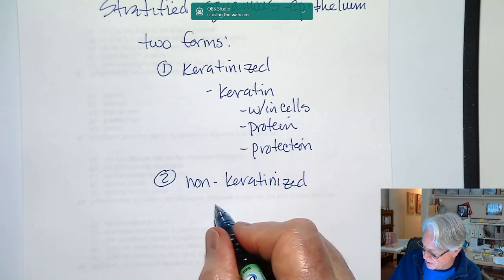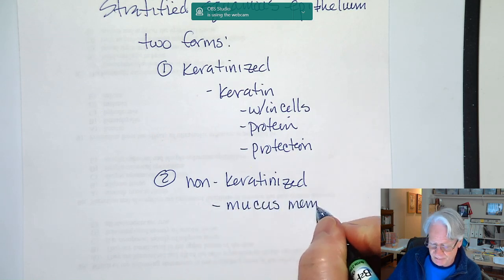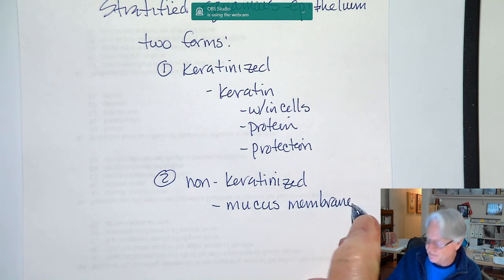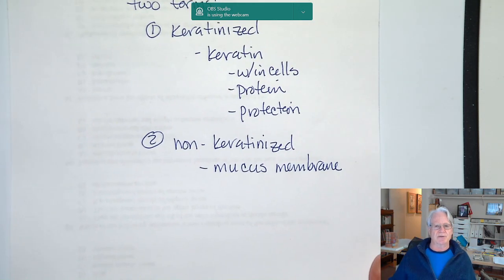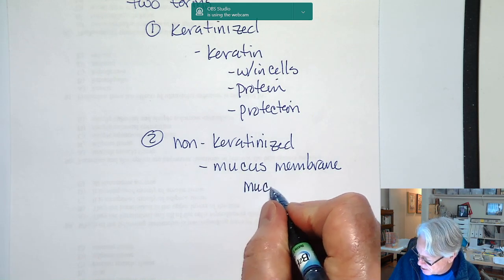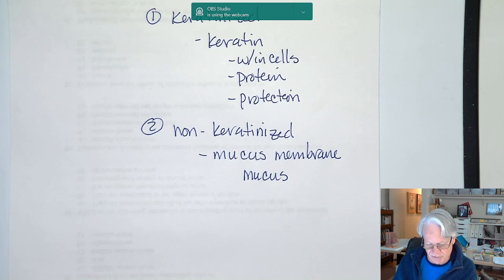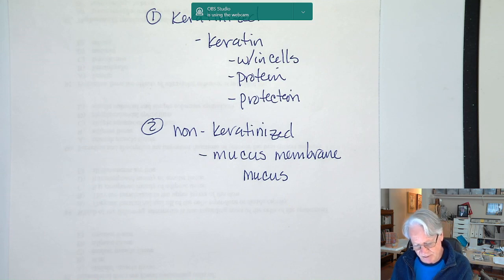Epithelium, and this is always a mucous membrane, and this is a new term, mucous membrane. We haven't yet defined that term. We will towards the end of this lecture. We'll talk about what mucous membranes are, but mucous membranes obviously are going to produce mucus. There's a little bit more to that story, but for right now we can just look at it from that point of view. And this would be lining then the interior of the body, such as places like the tongue, the mouth, the throat, the esophagus, and places like that, non-keratinized.